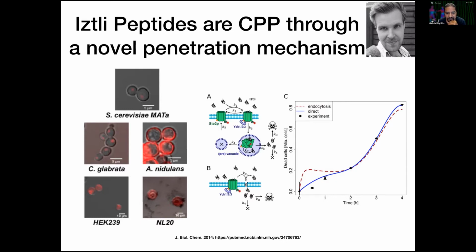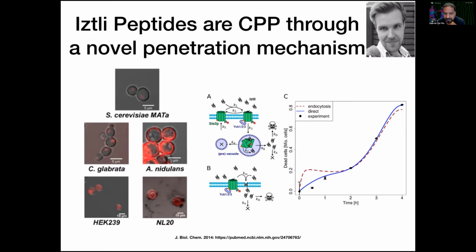But the alternative would be that the peptide will be recognized by the receptor, and once it is recognized by the receptor, it will separate from it, but being close now to the membrane could be internalized. So what Christian discovered is that the first model, the one that doesn't require the receptor, sorry, it does require the receptor, but it's internalized through endocytosis. The second one doesn't require endocytosis.